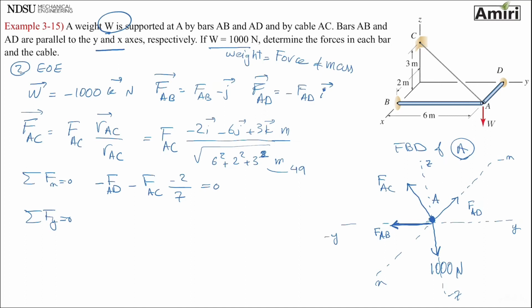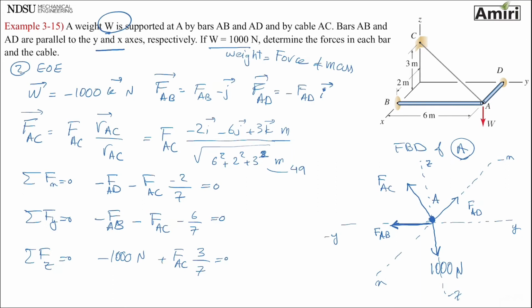Summation of forces in Y: FAB, minus FAC times 6 over 7, this time looking for the j component, equals 0. Summation of forces in Z equals 0, so minus 1,000 newtons plus FAC times 3 over 7 equals 0.